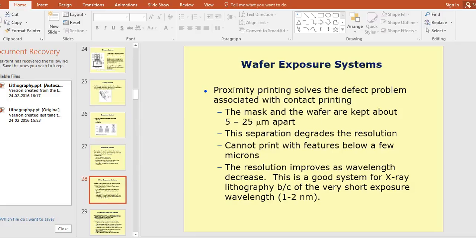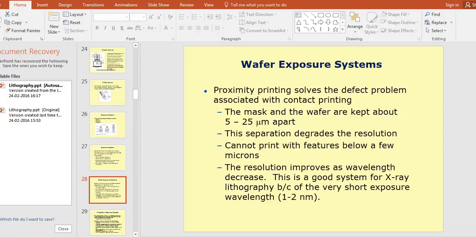The UV light is monochromatic in nature, and the monochromatic light will experience diffraction and interference, and that can degrade the resolution of whatever pattern is there on the mask. That will be slightly degraded when it is imprinted on the actual silicon wafer.